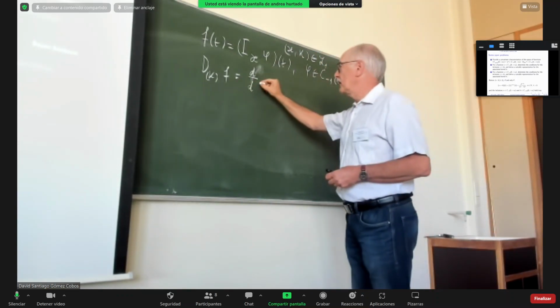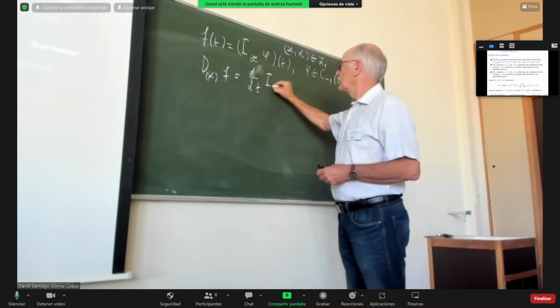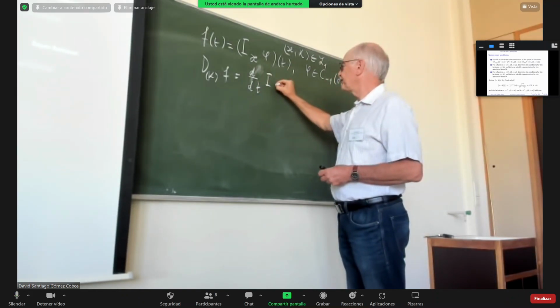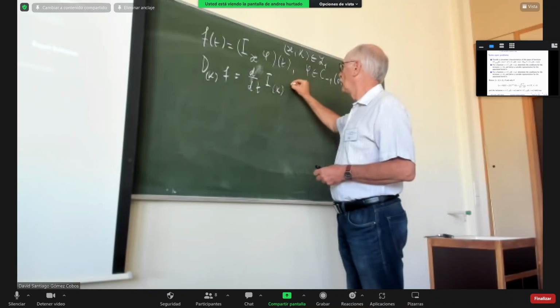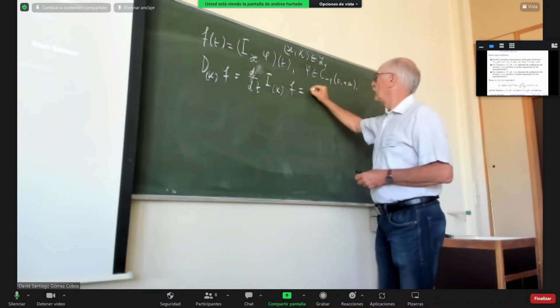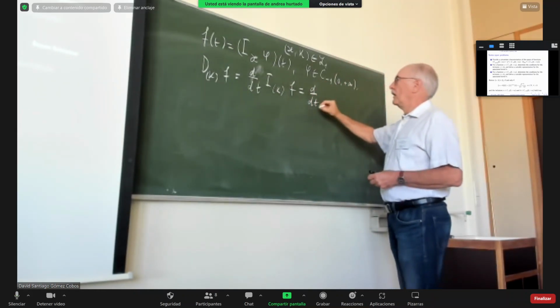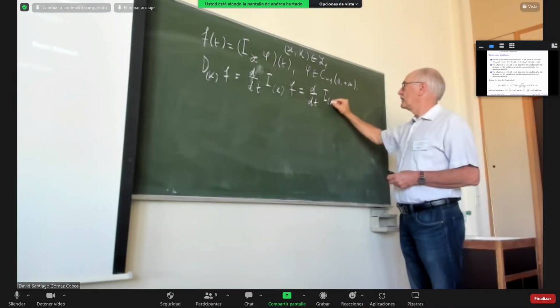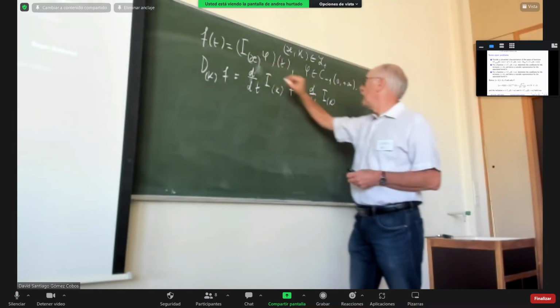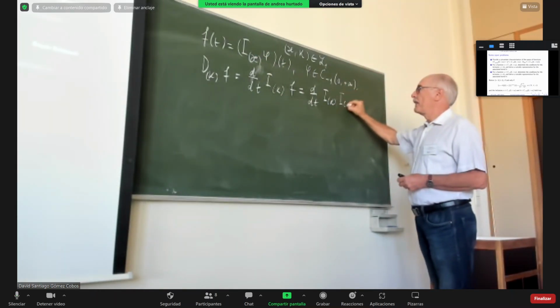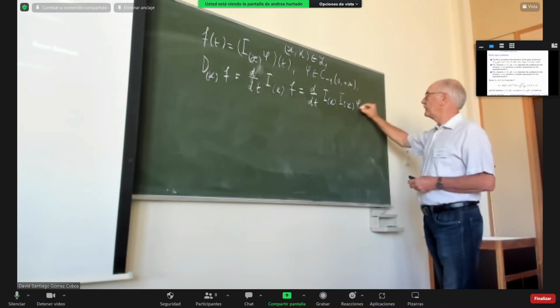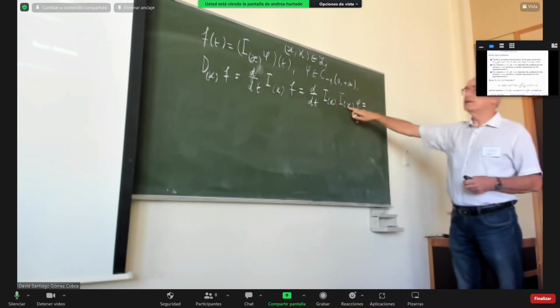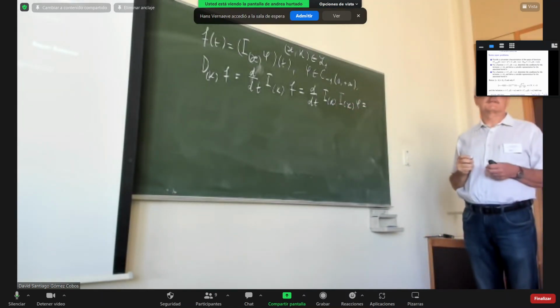Then the fractional derivative has this form, and if f can be represented as a fractional integral with the kernel kappa, then we have here a composition of two integrals, and these integrals are nothing else than convolutions.